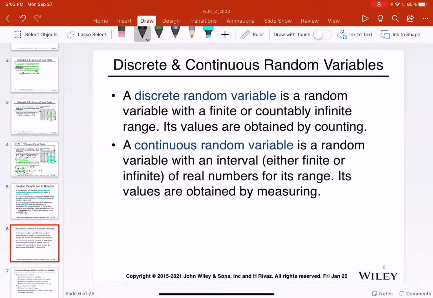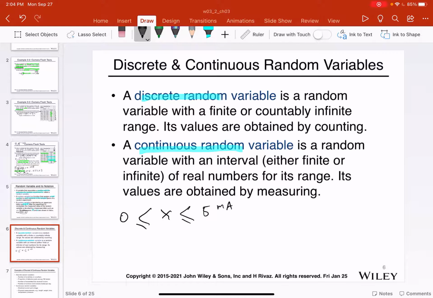And random variables can be discrete or continuous, right? So for example, let's say I'm measuring some currents in a circuit, and I know that the current is more than 0, and let's say it's less than 5 milliamps.